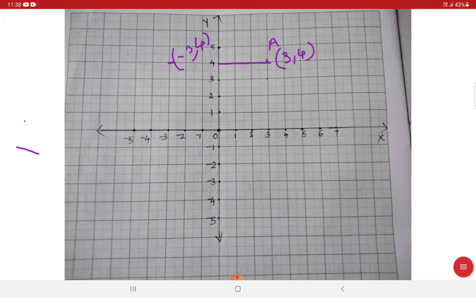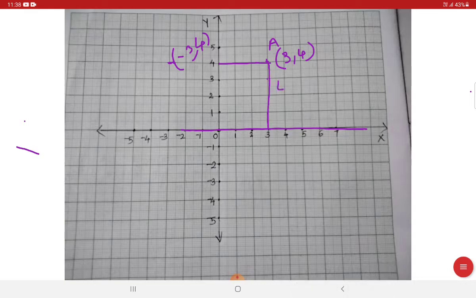In the same way, the mirror image of A about the x-axis, or with respect to the x-axis, means the point is above the x-axis, so the mirror image will be below the x-axis.